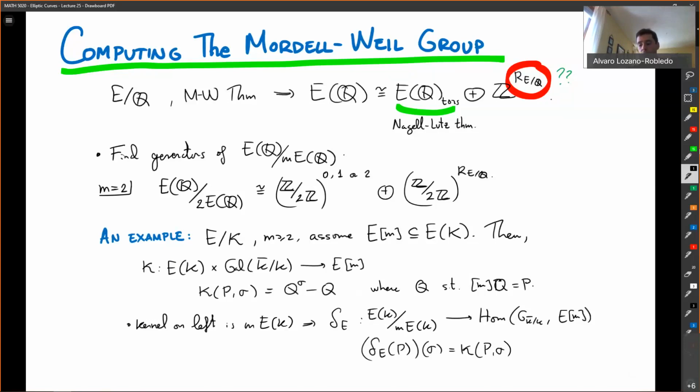Okay, here's where, if you watched the videos that I've made on cohomology, you'll notice that this is the map. We explained that the Kummer pairing comes exactly from a connecting homomorphism between cohomology groups, between the 0th cohomology group and the 1st cohomology group. In particular, you see cohomology already showing up here, because Homs from the Galois group to E[M], in this case, because E[M] is defined over K, because the M torsion is defined over K, the Galois group acts trivially on E[M], and therefore this is an H^1.